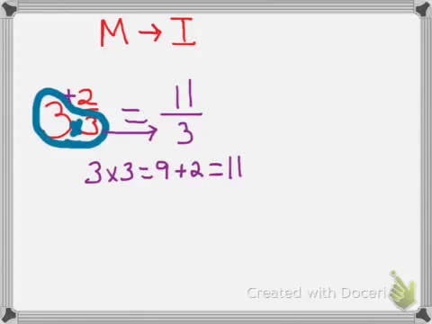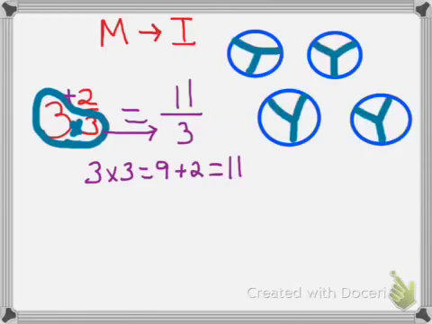And if I wanted to draw this out, I could make circles again. Okay, so I've drawn 4 circles. The reason I drew 4 is because we have a whole number, that is 3, and then there's a fraction, so there's going to be 4 circles here. So I know that 3 of the circles are colored in. I also know that there's 11 total pieces colored. So I'm going to color in 3, and I'm going to say, okay, 1, 2, 3. 1, 2, 3, 4, 5, 6, 7, 8, 9.